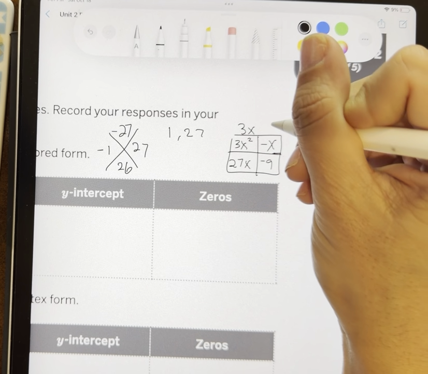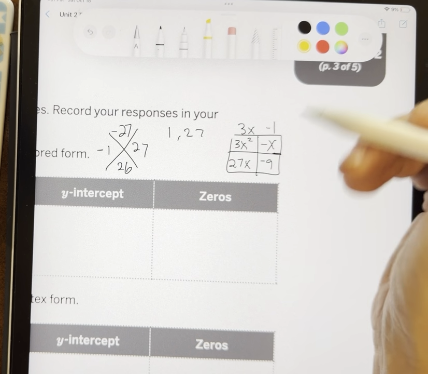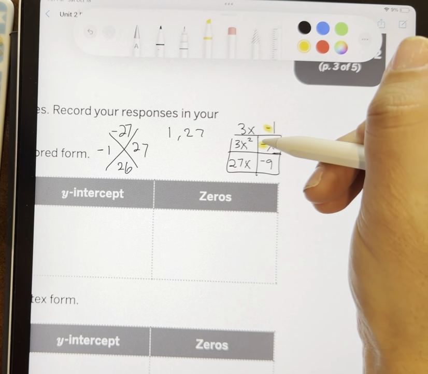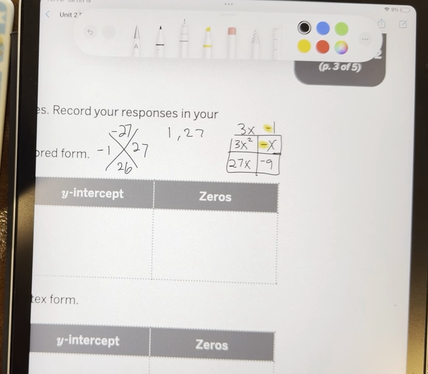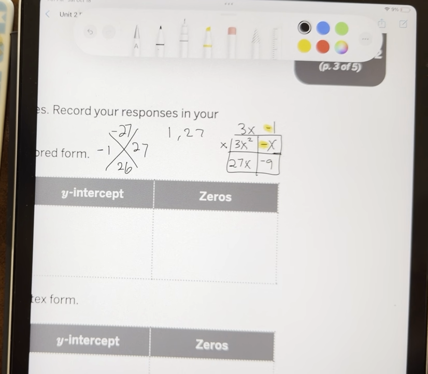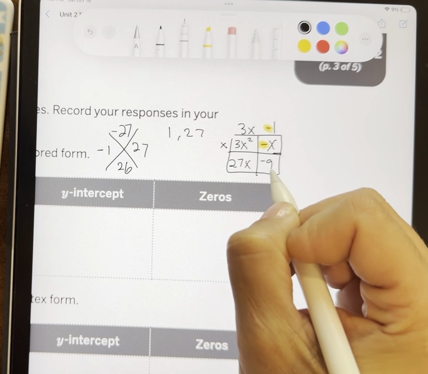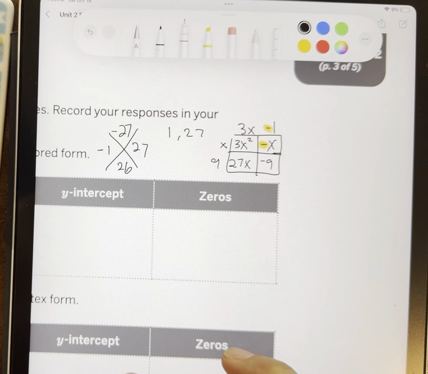Negative x and negative 9 have in common a negative 1. Remember again, the negative is only because of that negative. Even if the 9 was positive, I'd still put a negative 1 there. 3x squared and x. 27x and negative 9, they have a 9 in common.